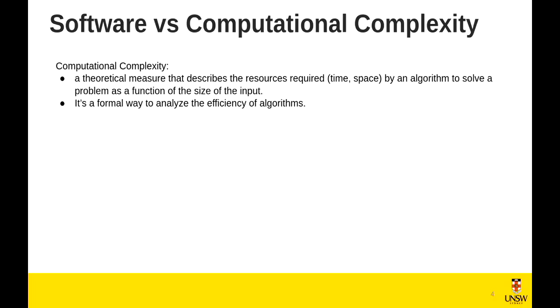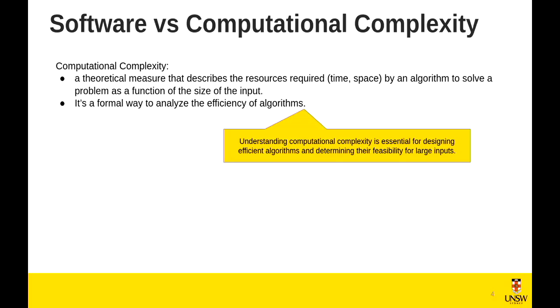Computational complexity is a theoretical measurement used to describe the resources required for an algorithm to solve a problem, often described as a function of the size of the input. It's quite formal and often very accurate.